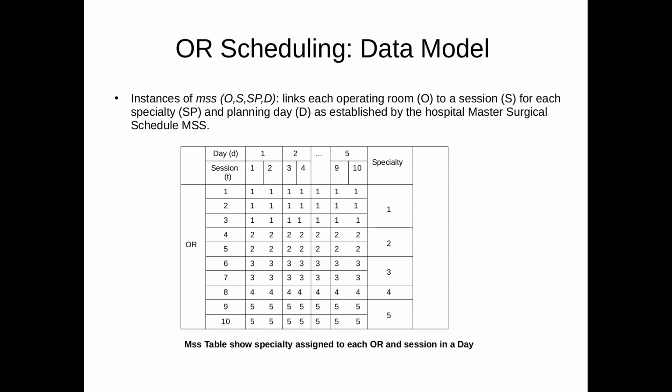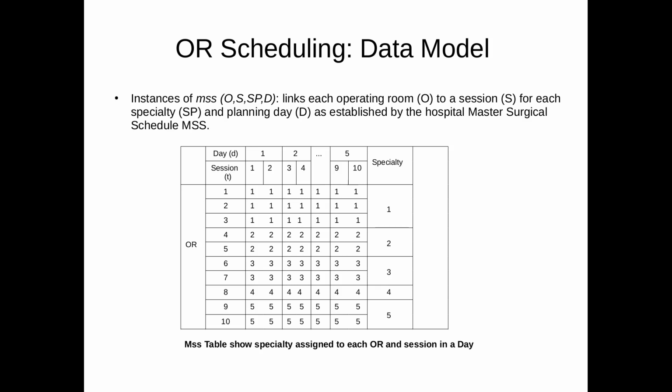These 5 specialties include general surgery, child surgery, orthopedics, urology, and gynecology. So 5 specialties were considered. Specialty 1 is for general surgery, 2 is for child surgery, specialty 3 is for orthopedics, 4 is for urology, and 5 is for gynecology. And for every specialty, they have dedicated operating rooms.